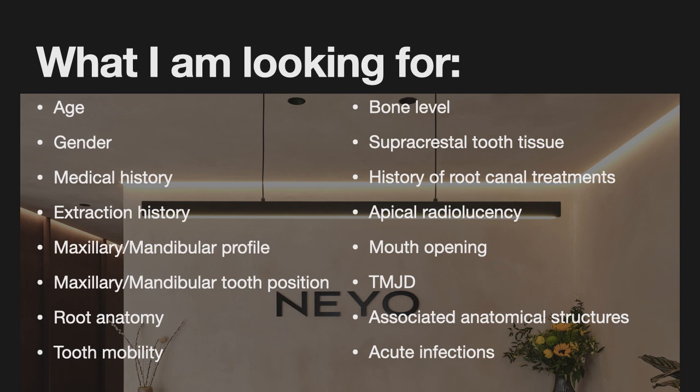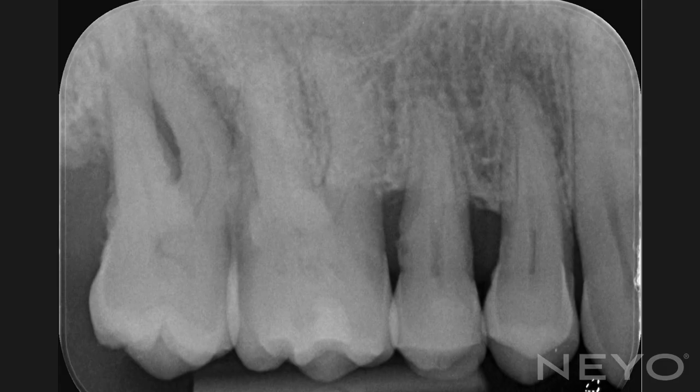Obviously, looking at the anatomy of the maxillary sinus or the inferior dental canal, and finally looking at acute infections, and this will alter the way in which I might deliver my local anesthetic to achieve a pain-free tooth removal. Okay, I'm going to go through some examples now with you.